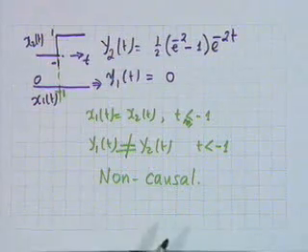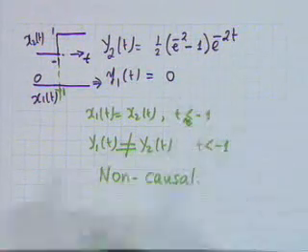Now the question is, do we have to do this every time we get a differential equation? No, that's not necessary. I went through this exercise to impress upon you the difficulty of finding out whether a system governed by a differential equation is causal or not, and to explore a method to come out of the difficulty.